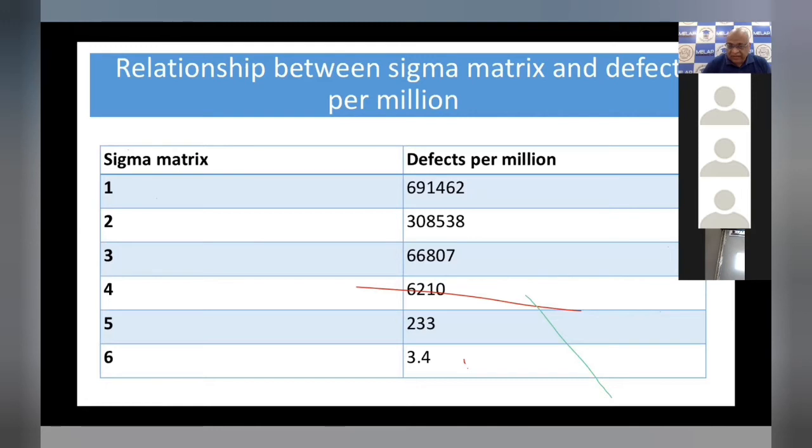And what is the meaning of this? 1 error out of 100 means 10 errors out of 1,000 and 10,000 errors out of 1 million opportunity. So this you have to realize. So closer it is to 6, better is the situation. And sometimes you may find 6 sigma higher than 6 also.